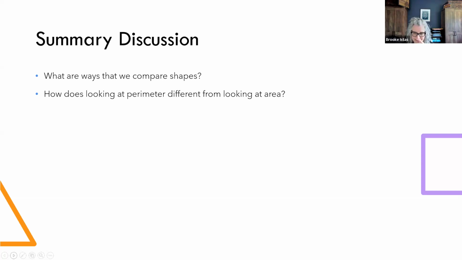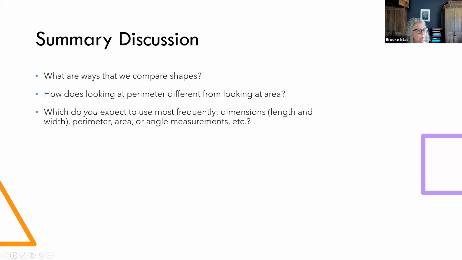I know you guys know this. When you're looking at the shapes, how did you look to determine perimeter compared to looking at area? Well, I mean, it sounds really simplistic, but it's the difference between like outside and inside. Correct. It is. Yes, very much. The outside and the inside.